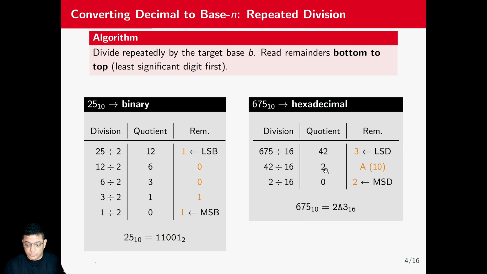We get 2, and a remainder of 10, or A. And then finally 2 divided by 16. 16 doesn't fit here, so it's 0 with remainder 2. And so once again, we can represent 675 in base 10 as 2A3 in base 16. Notice that we start from here and go to here.